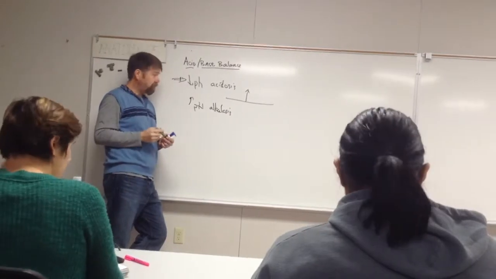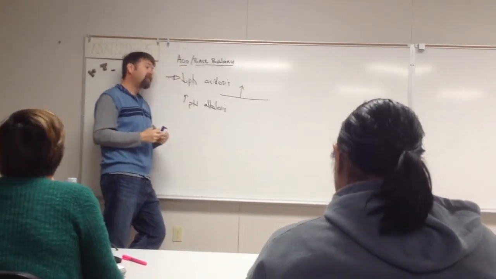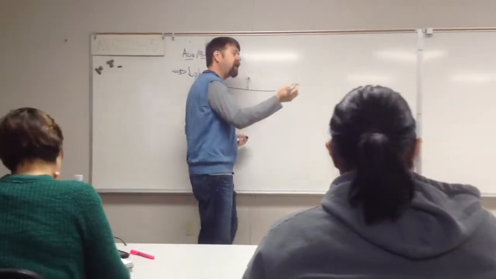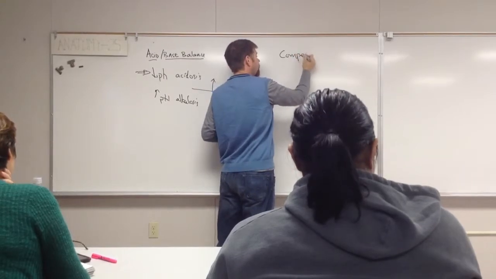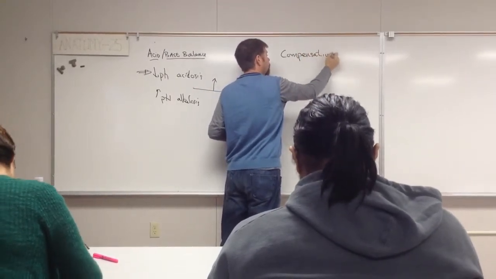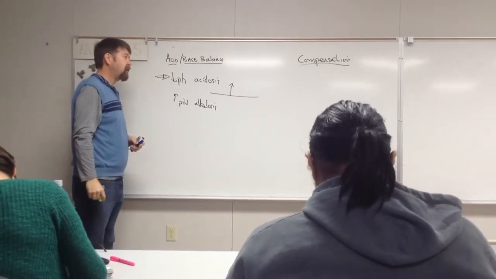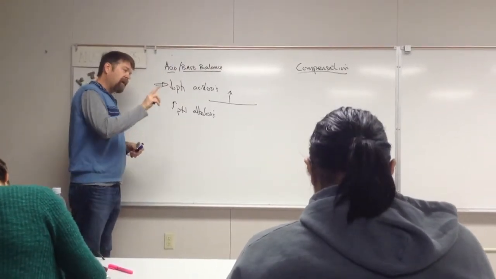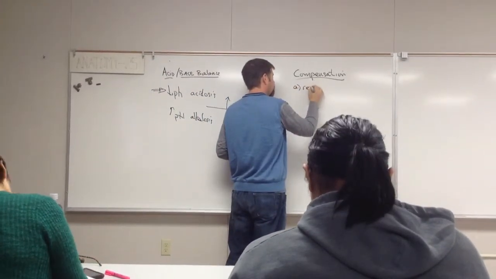Now, if we become too acidic or too basic, we need mechanisms that allow us to compensate. The compensation for either of these two conditions is by one of two mechanisms. We can have respiratory compensation.